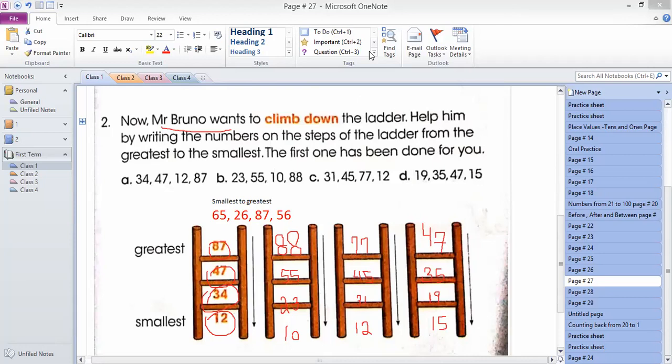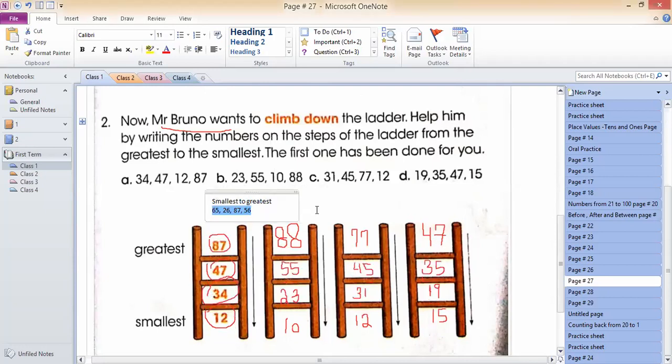Abdullah Fahad, I am asking you to arrange it from smallest to greatest. That's very good. So guys, what is the answer? When you arrange from smallest to greatest, the answer will be 26, 56, 65, and 87.